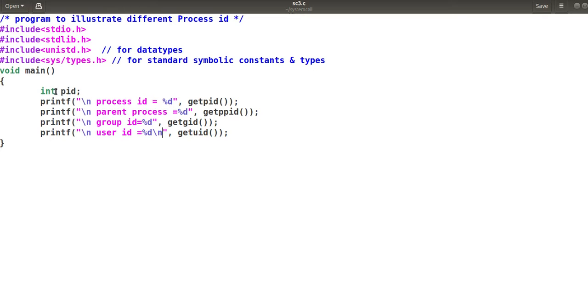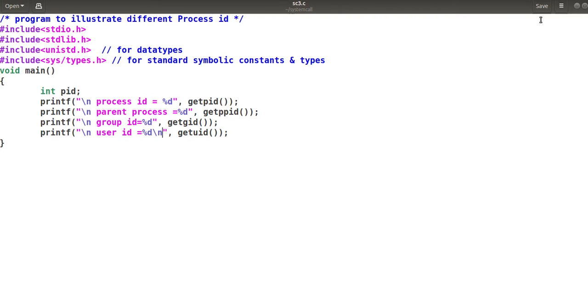I used my data type integer and a variable called pid, and I want to know the process ID number given by the system with different IDs. One is get process ID, 2 is get parent process ID, 3 is get group ID, 4 is get user ID.